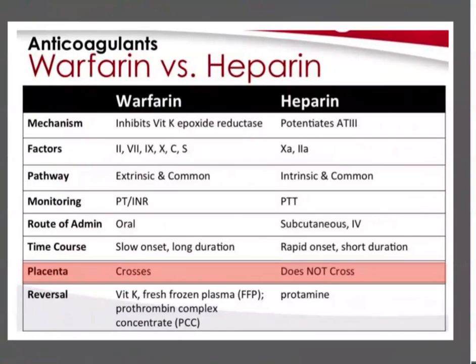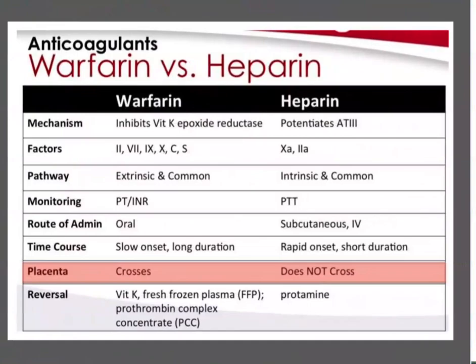But someone may ask you, what is the normal INR for someone who is not on anticoagulation therapy, who is not on warfarin or heparin or any sort of anticoagulant? The normal answer you should give is 1, but there's a range which is 0.8 to 1.2. Okay, so the normal INR for someone who's not on any anticoagulant is 0.8 to 1.2.